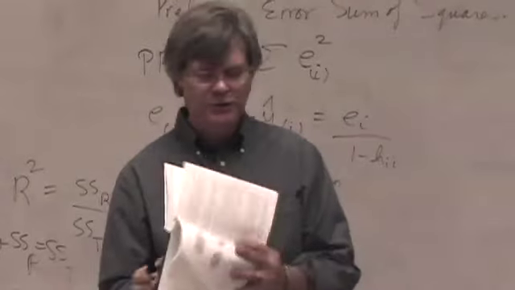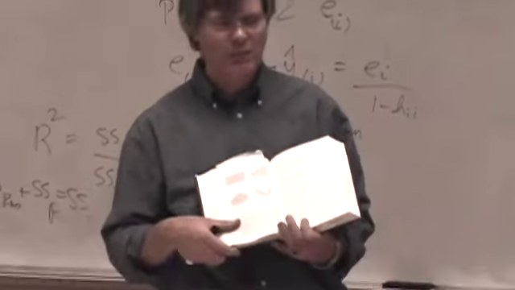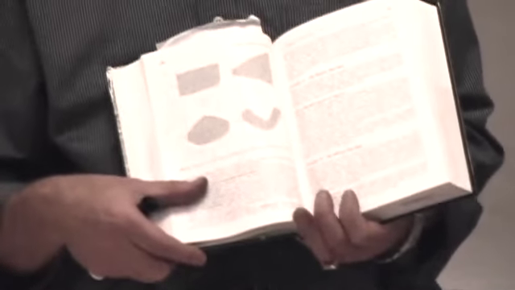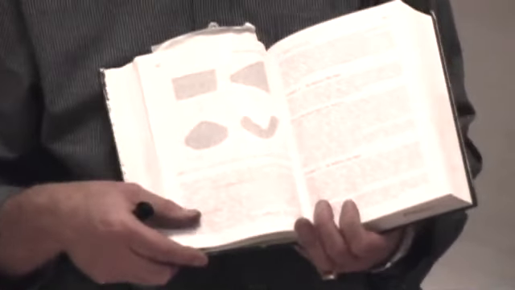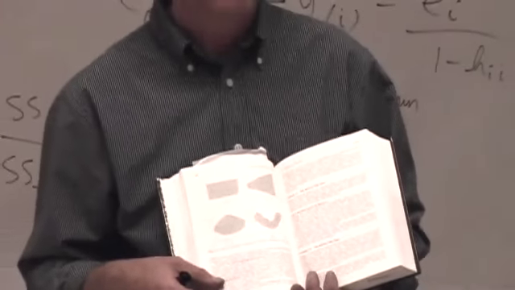Also, there's one other picture in the book that I wanted to talk about before we go on, and that is when you actually plot the residuals versus the predicted value. Page 142. If the model is adequate, you expect the picture in the upper left-hand corner.